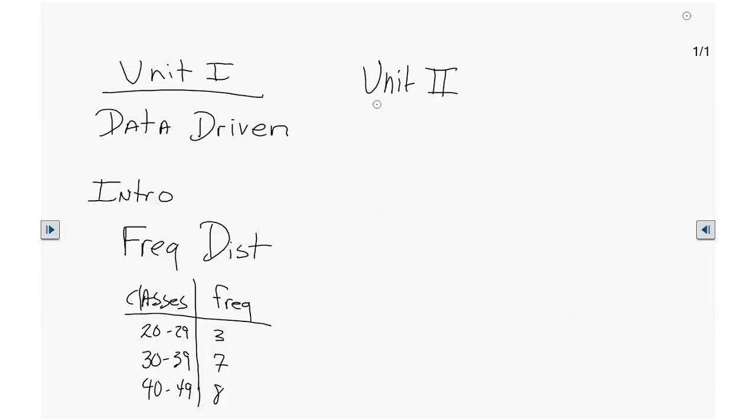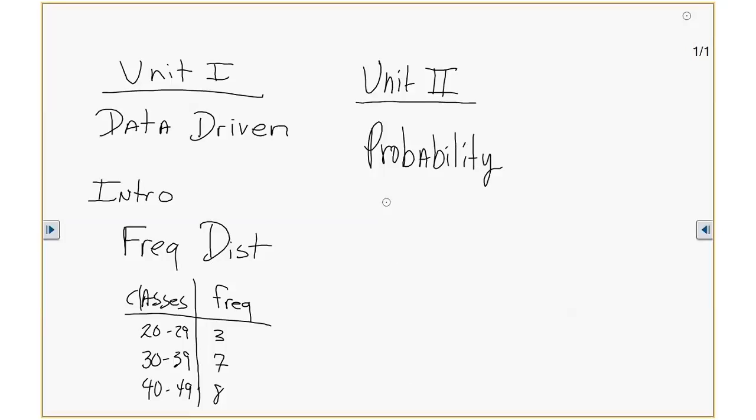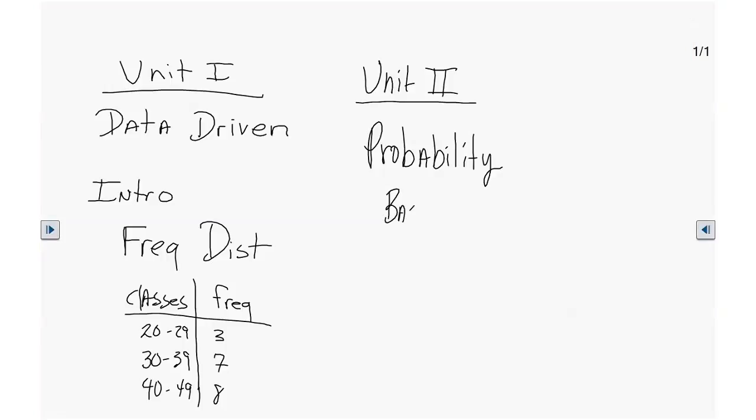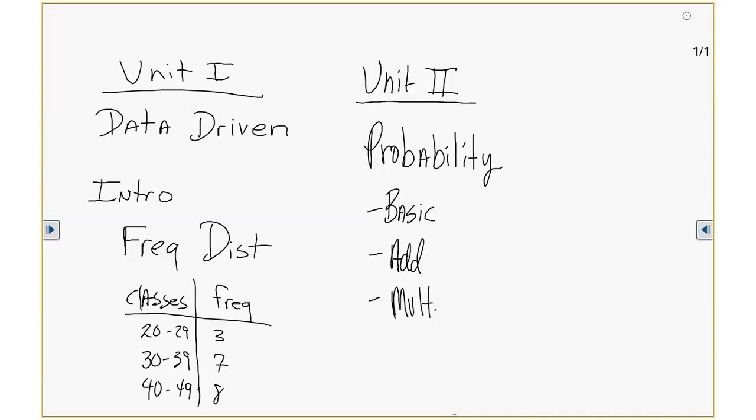In Unit 2, you were introduced to probability. Mainly, you were introduced to basic probability, additive law, and multiplicative law. Okay?